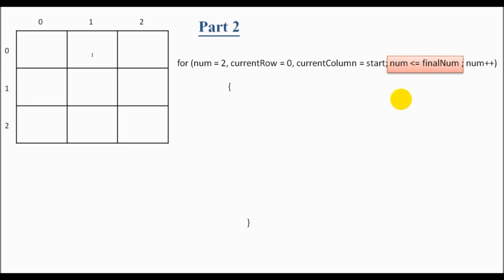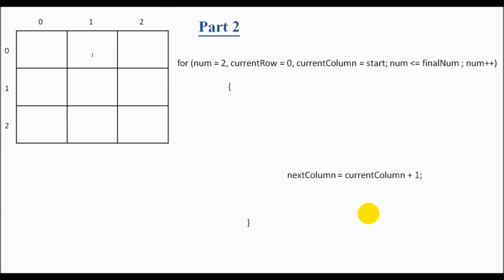Now our program is going to enter the for loop, and after placing number 1, we need to go one step right. When we take one step right, we need to check some conditions, as we have seen earlier.